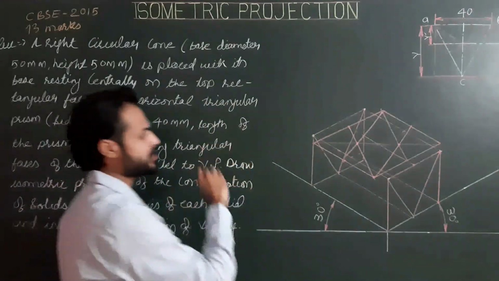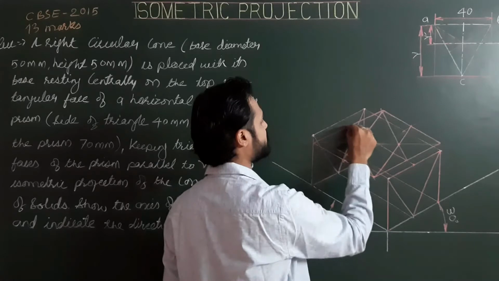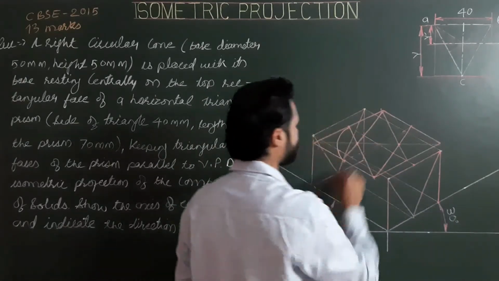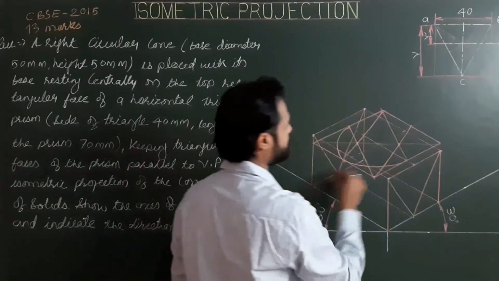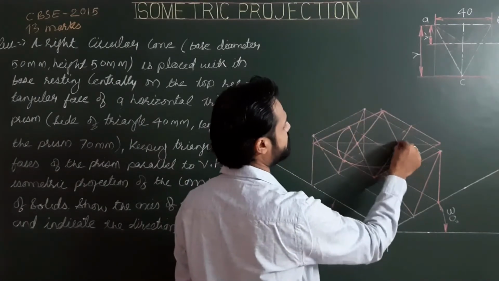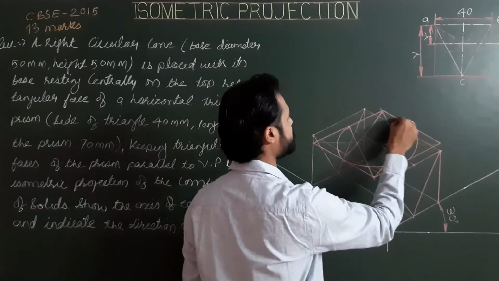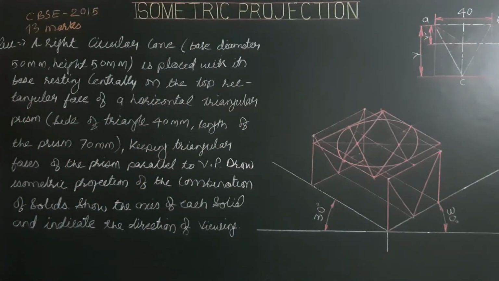From first center, this is the first radius, first part; second center and second radius, second part; third center, this is the third radius; last, fourth center and fourth radius. So this is the circular base of the cone. Next, the solid axis.